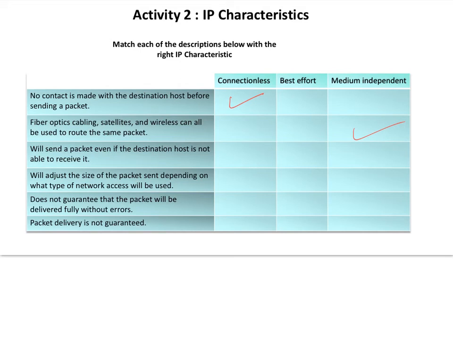That's connectionless. If the destination is not expecting the packet, I will also send it. If I establish the connection, this means that the receiver is expecting my mail. If I don't establish the connection, then the receiver will not know.